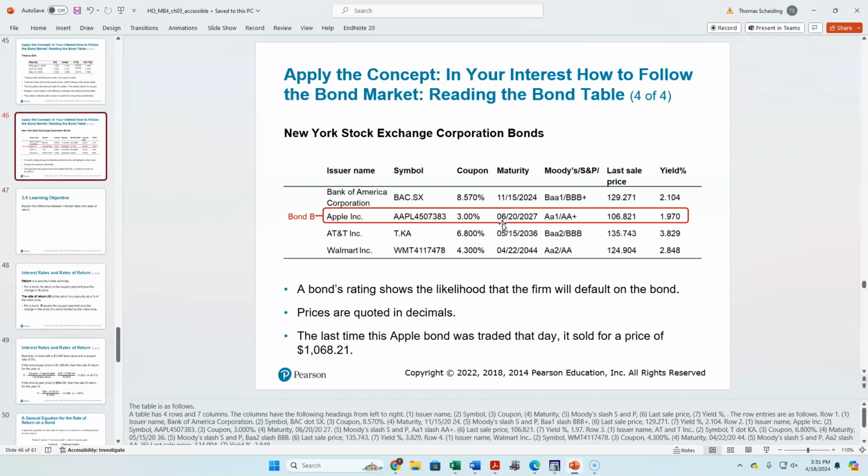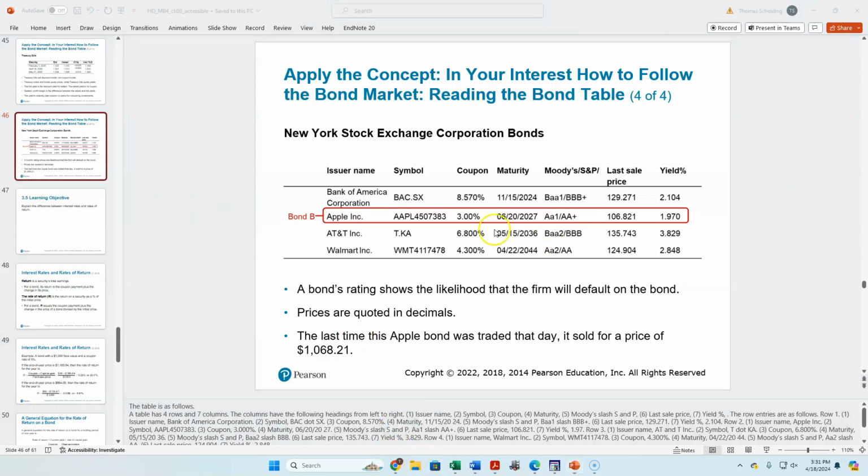Its default risk here: basically anything you see in A's, it's not likely that firm is going to default. As you go to B, a little bit higher, then C. By the low B's, high C's, you're getting into junk territory.